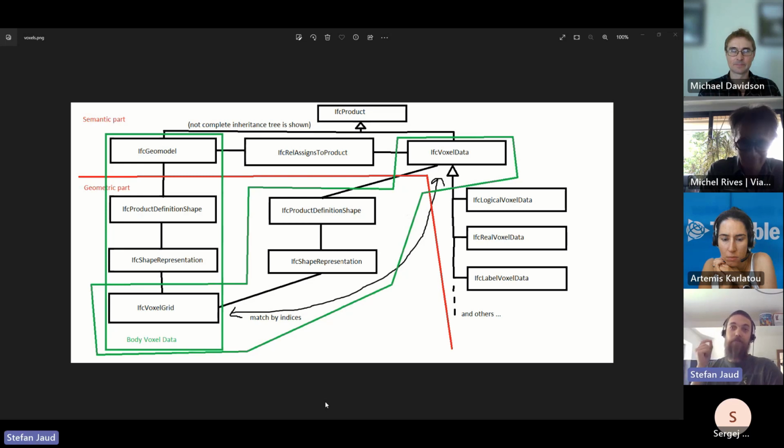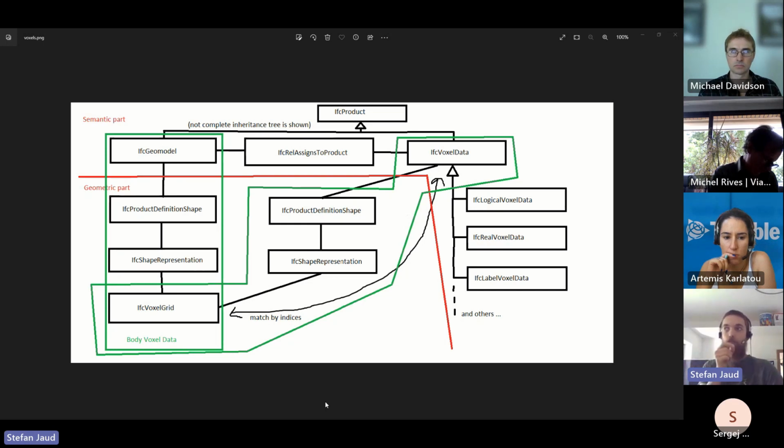But this IFC voxel data itself should also reference the same voxel grid by means of the same concept template, so the same body voxel data concept template. So, if one only looks at voxel data, it still can see what kind of representation it is, and the data and the grid are matching by indices.